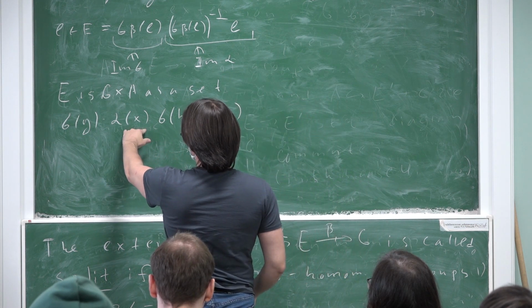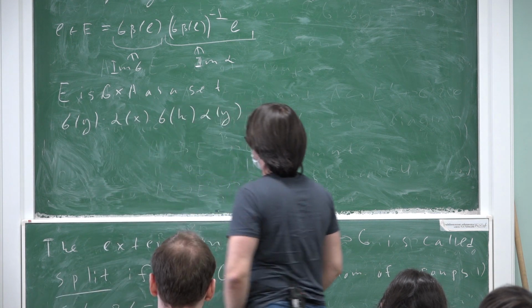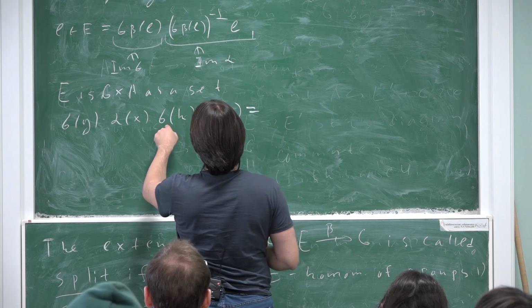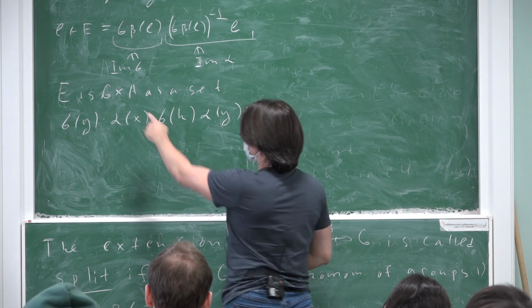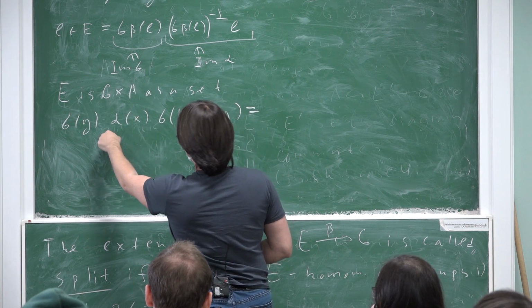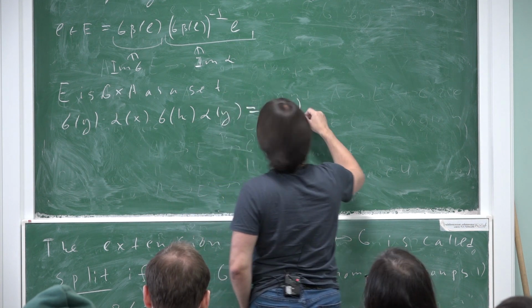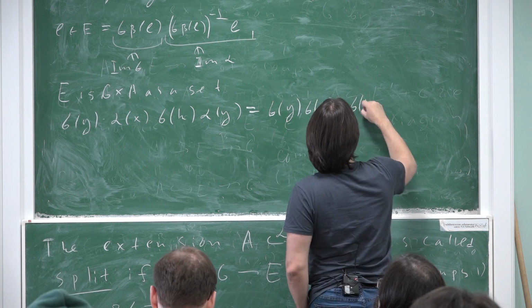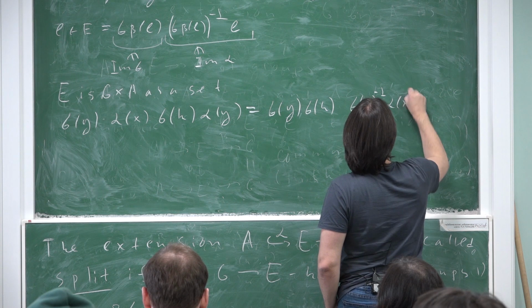Well, you want to get sigmas there and alphas there. First, since A is normal in E, you can transfer sigma to the left in the standard way. Simply write sigma of G, sigma of H, sigma of H minus 1 alpha of X.